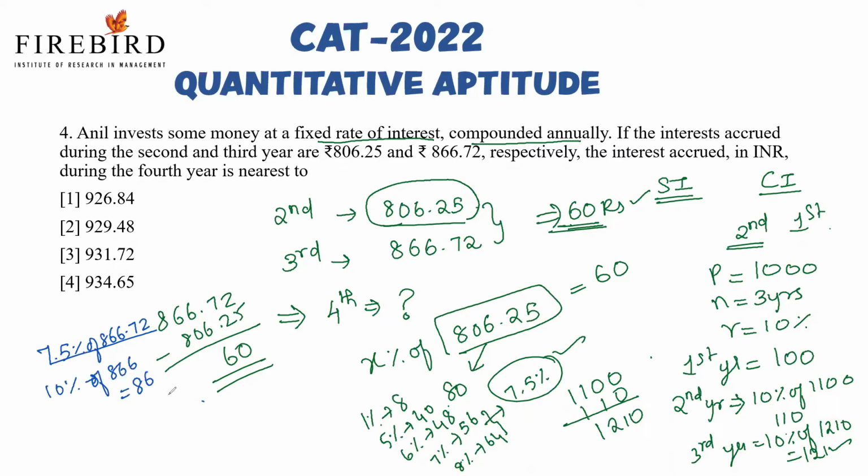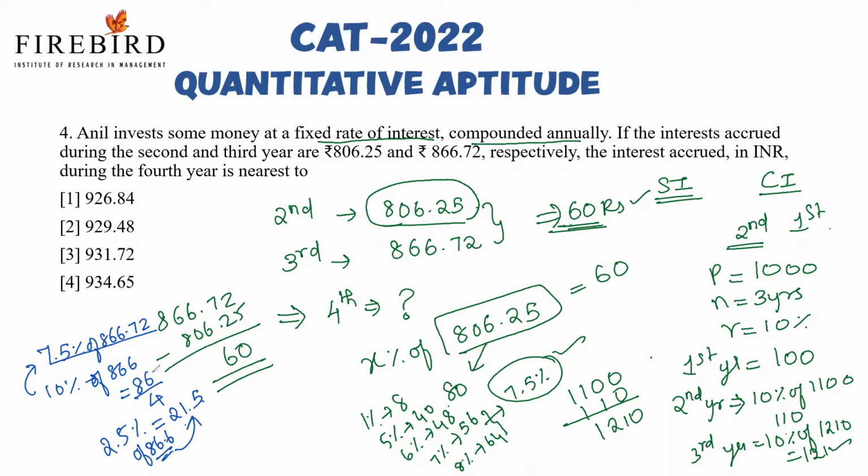Let us take it as 86.6. I just want 7.5 percentage. So what I will do is divide it by 4. If I divide it by 4, I'll get around 21.5. This is nothing but 2.5 percentage of 866, which is 21.5.